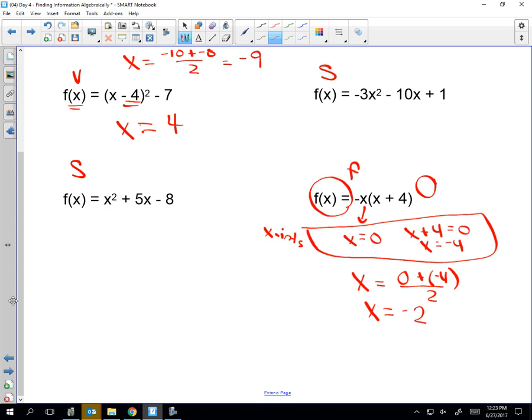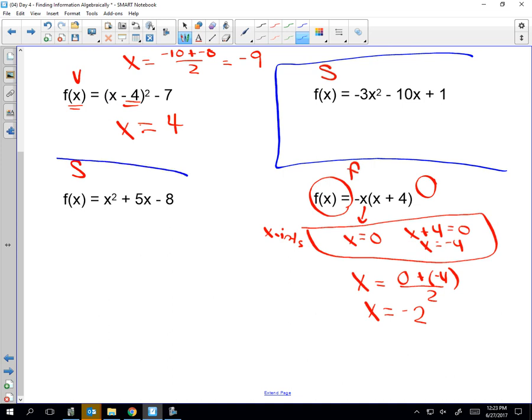Okay, now the last two that we have left are standard form. We'll change some color here to help make those stand out. Okay, remember, could we factor and use the x-intercepts to find the axis of symmetry? Yes, that's something that you could do. But remember, we have our equation that comes from the quadratic formula that can help us with that, our minus b over 2a.